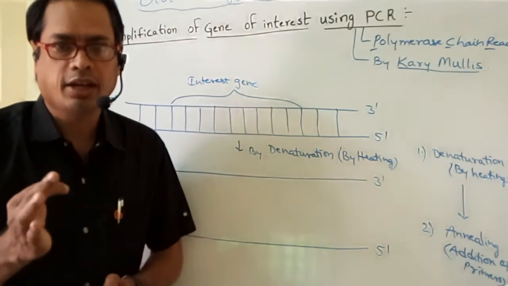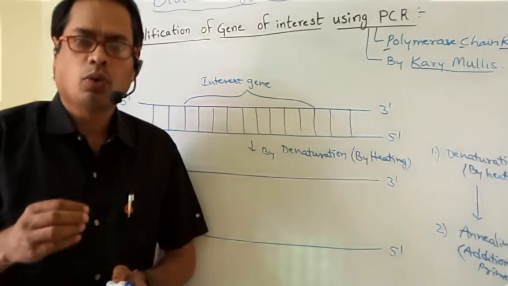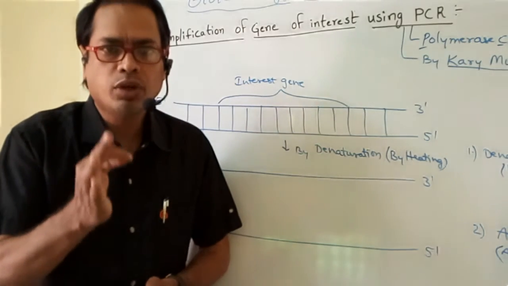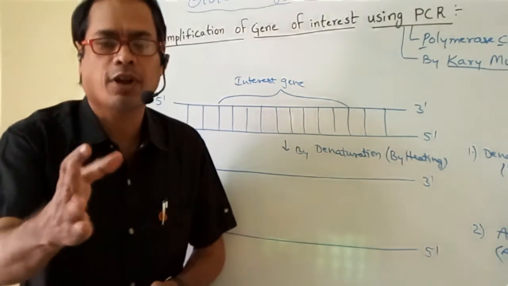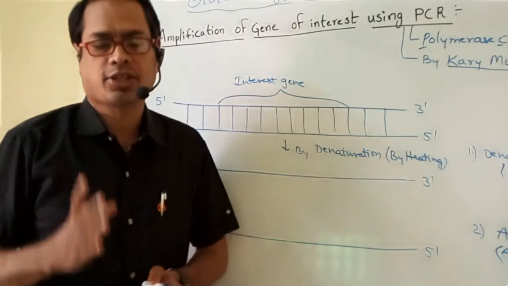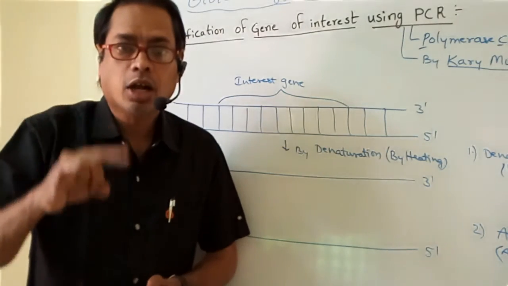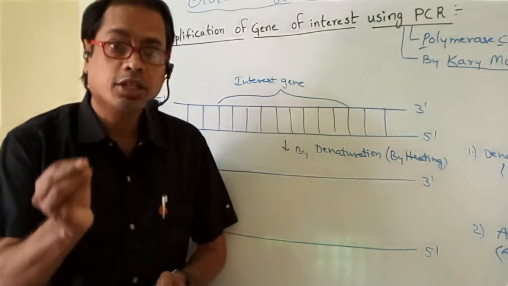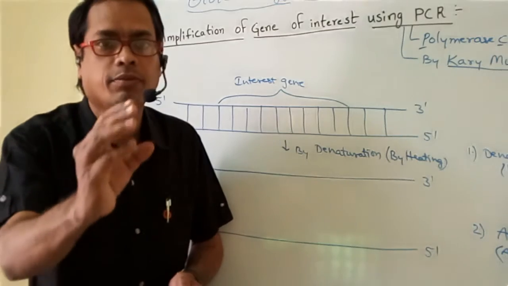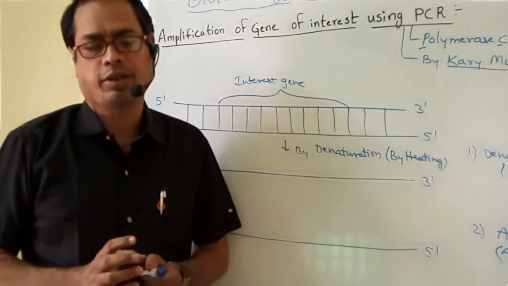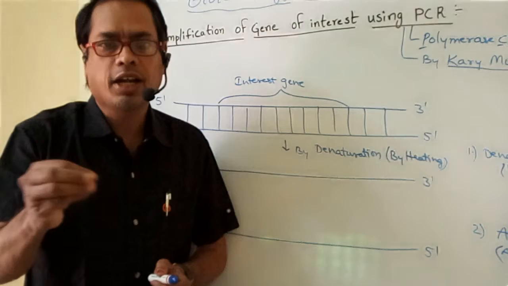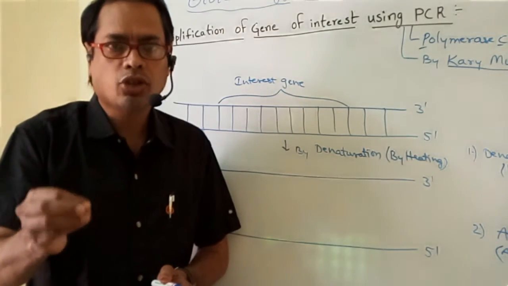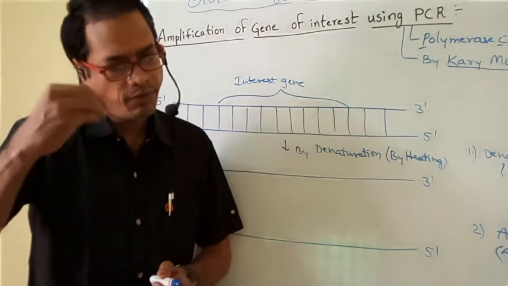In replication also, whatever it may be, continuous strand or discontinuous strand, the new DNA strand is always synthesized from 5 to 3 direction. The continuous strand is synthesized from 5 to 3 only. The discontinuous strand is also synthesized from 5 to 3 direction only. That discontinuous strand contains Okazaki fragments, which are synthesized from 5 to 3.